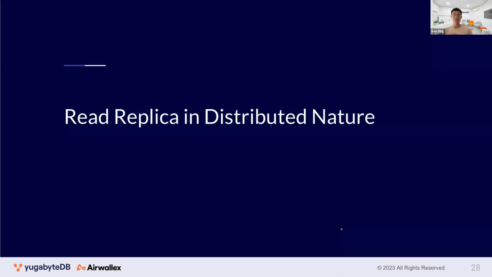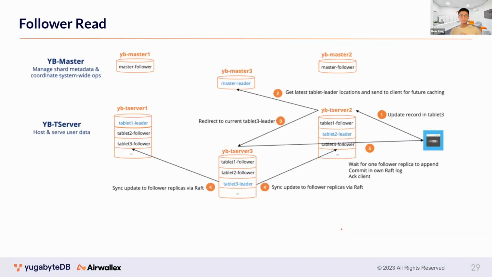So read replica in the distributed nature. Just now we talked about this architecture. Bear with me to follow the process of how we update, write, and read in the distributed fashion. Your application will update the record in one of the tablets.